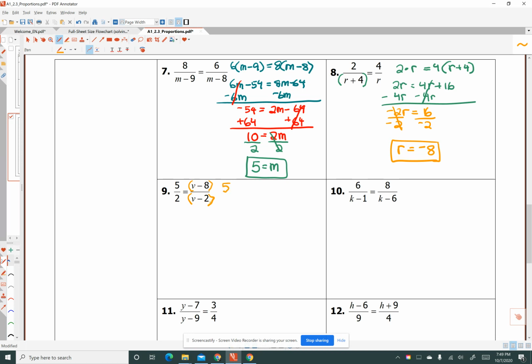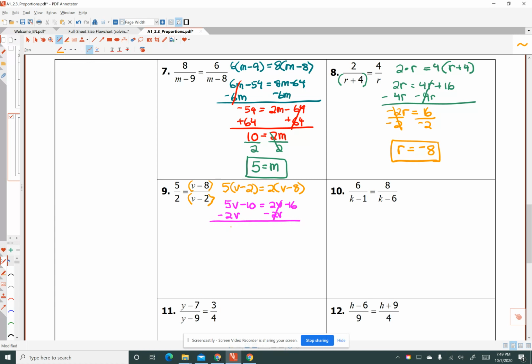So let's multiply 5 times the quantity of v minus 2 and set that equal to 2 times the quantity of v minus 8. And let's keep it all straight. So that gives us 5v minus 10 on the left side, 2v minus 16 on the right side. I think I'll move this 2v so I have variables only on the left side.